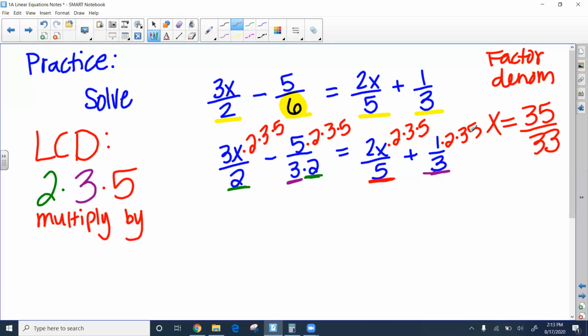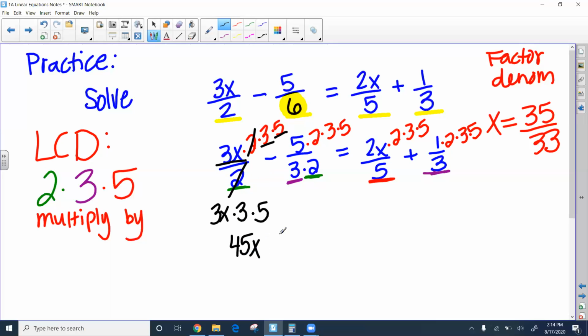So I'm multiplying everything by the LCD. And I have it in factored form because then I can see what is going to divide out. So from the first fraction, the 2 that I multiplied by is going to divide out with the 2 in the denominator. So we're left with 3x times 3 times 5, which is 45x.